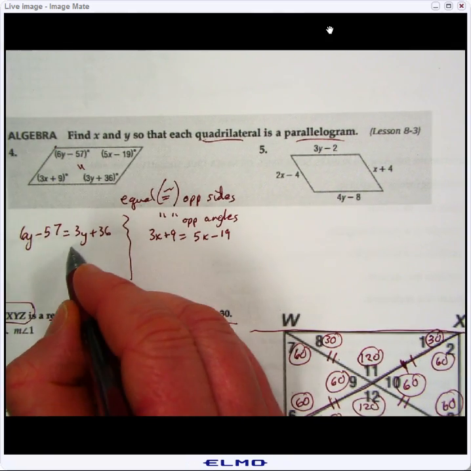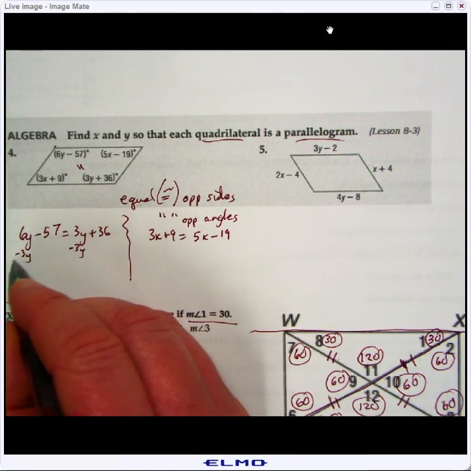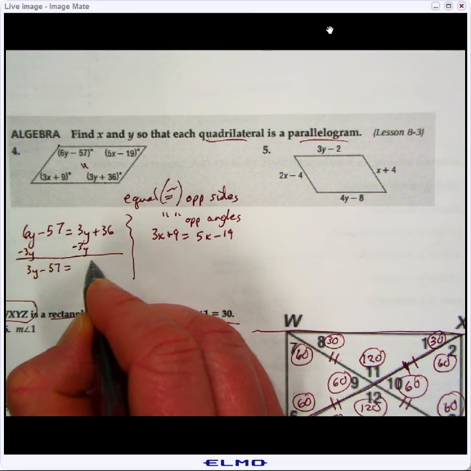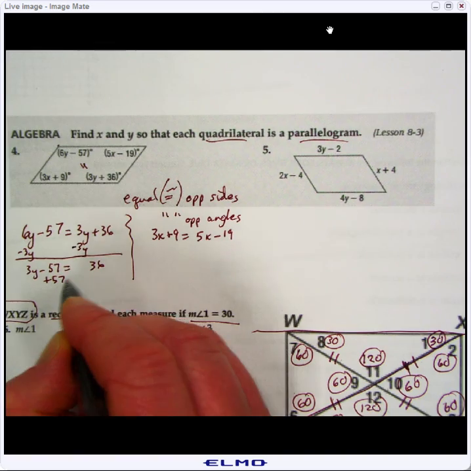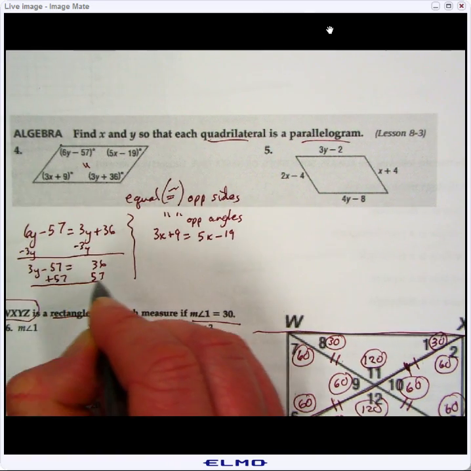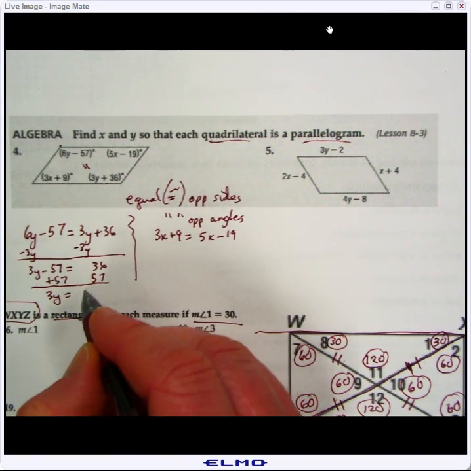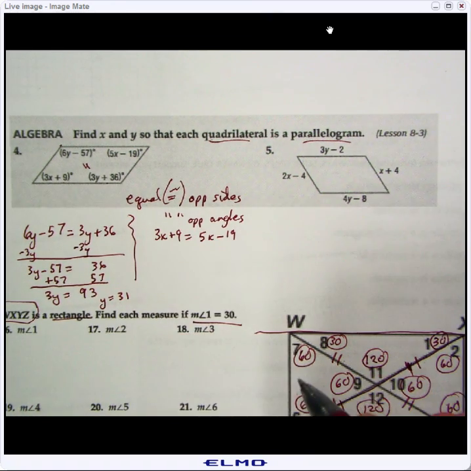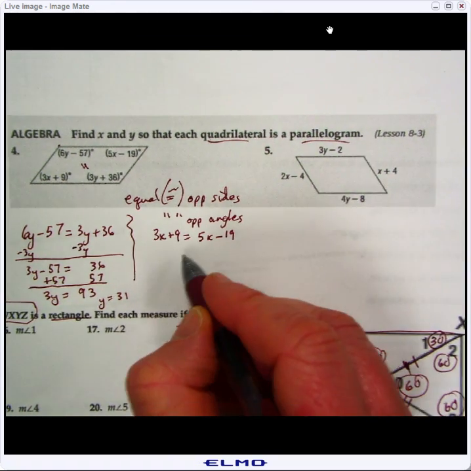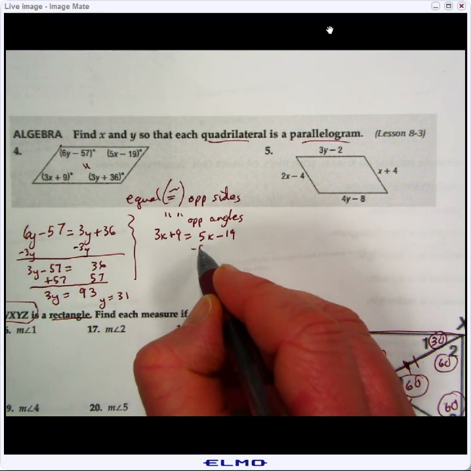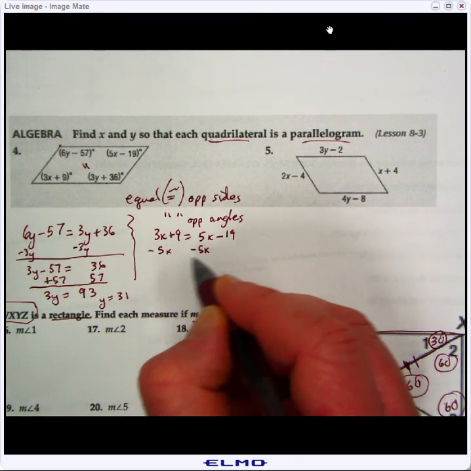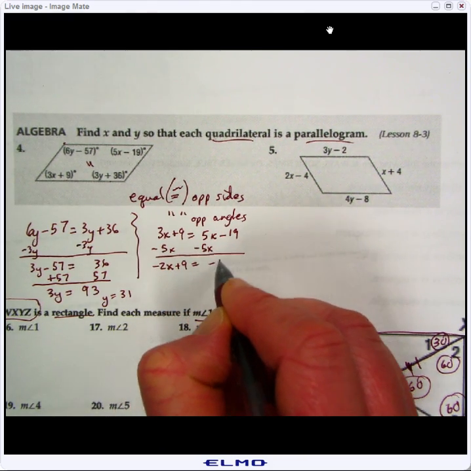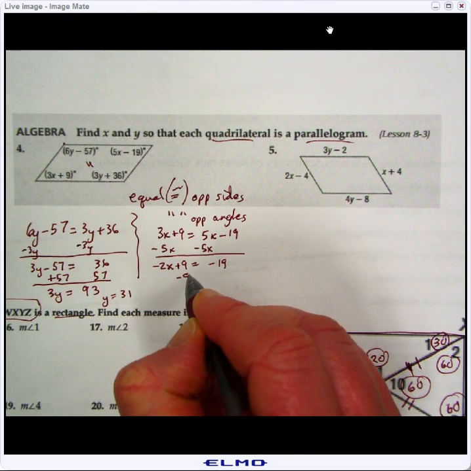For solving, don't get sloppy with your solving. Add 57. So 3y equals 93, y equals 31. Over here, you like to keep things on the left. Subtract 9.